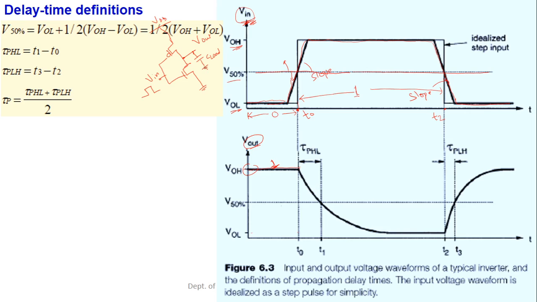Remember, this is the load capacitance. The output value changes with the charging and discharging of the load capacitance. When the load capacitance is charged, the output value is 1. When it discharges, the output value drops to 0. This is how the inverter works.